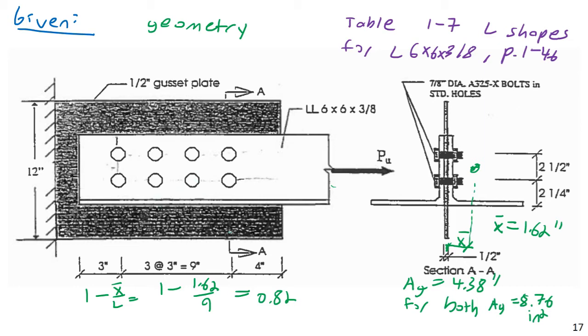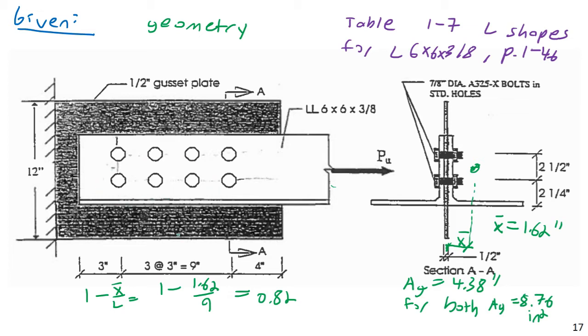Now, what else? I do want to do a little bit of review of the load path here. P ultimate, that's going to be our ultimate factored load. That load is present within the tension member, within our set of angles here and here. Then it's going to transfer into the bolts.